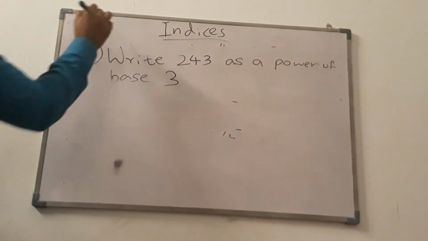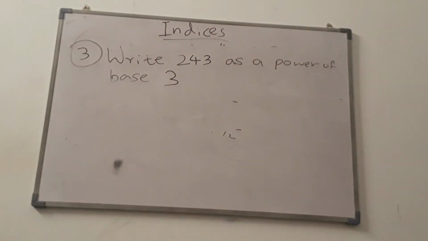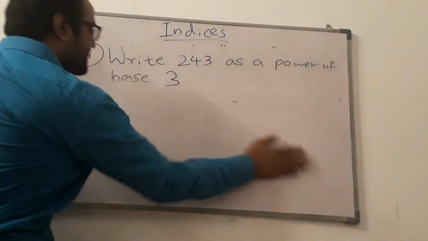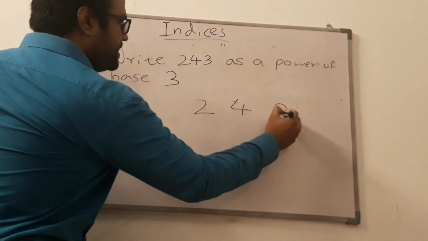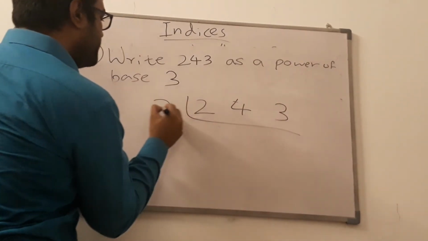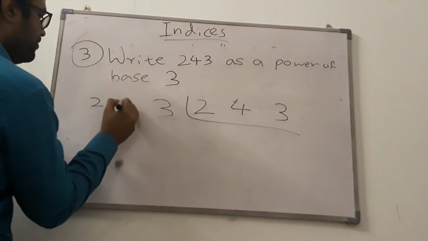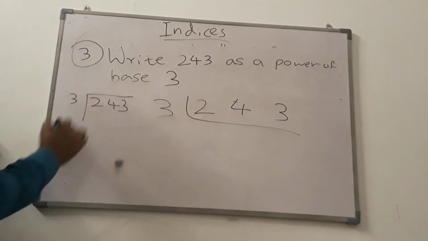Okay, third question. Right, 243 as a power of base 3. Factorization and division method together I am doing. 243 divide by 3.